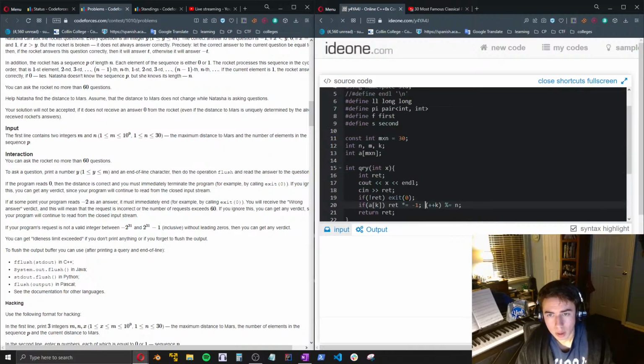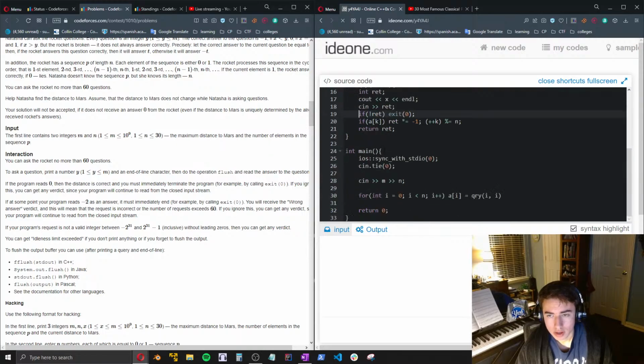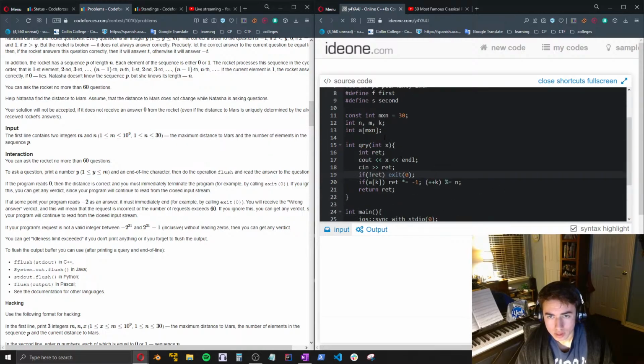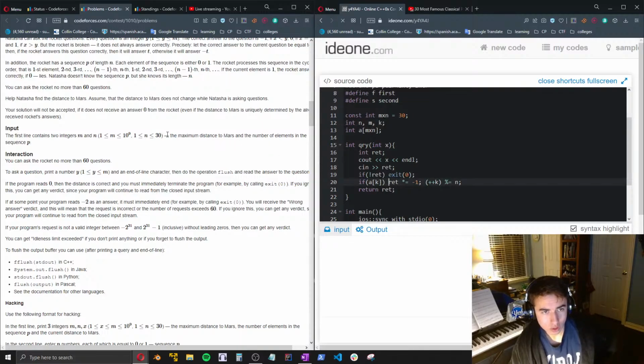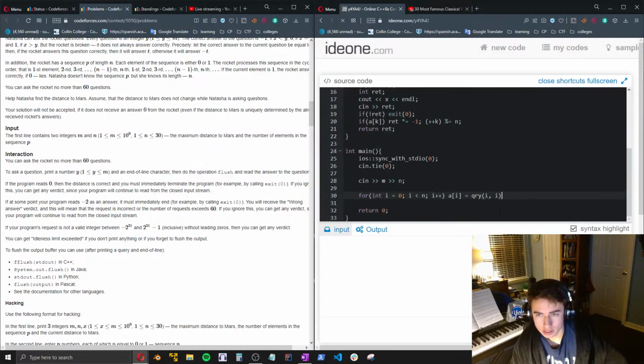Something like this. Okay. So k is like a global counter that says what query number is this modulo n. So now we do a of i equal to query i is greater than 1.